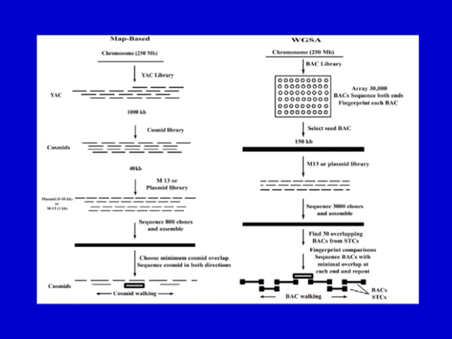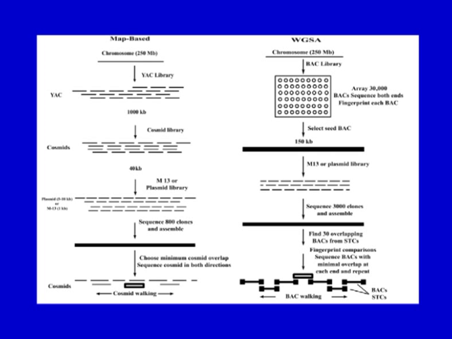In the shotgun approach, the chromosome is taken and a bacterial artificial chromosome library is prepared, then an M13 or plasmid library is prepared, and then a lot of these clones are sequenced and assembled.